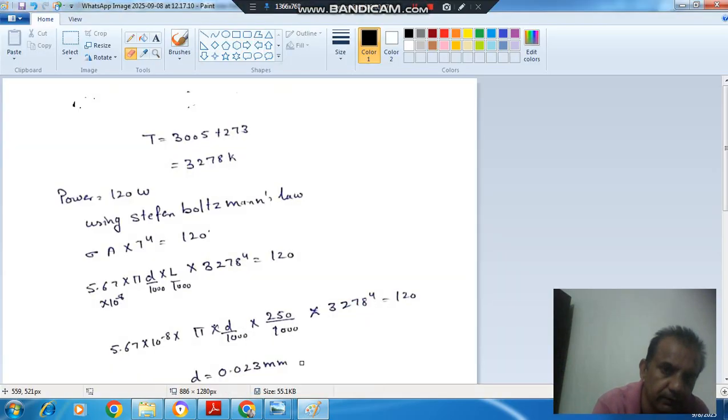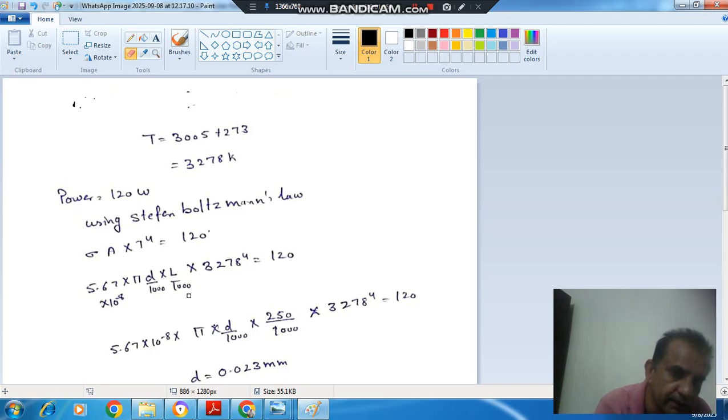Here the temperature of the filament is 3005 degrees Celsius, or 3278 Kelvin, and the power of the bulb is 120 watt. So the energy emitted by the bulb is sigma A T^4, which is equal to 120 watt.